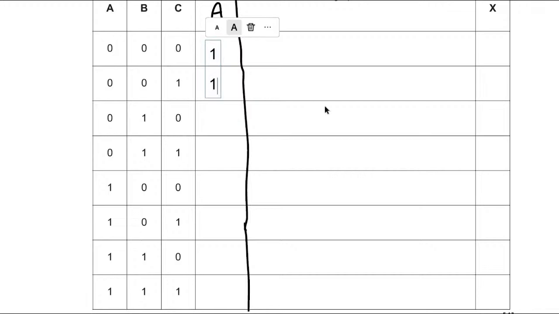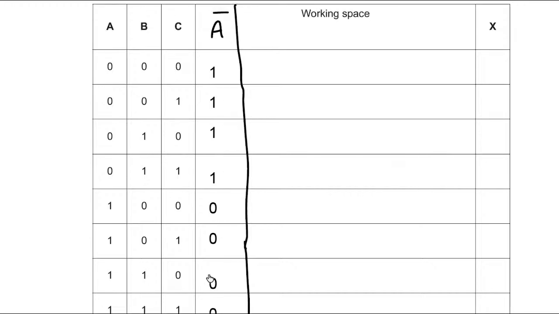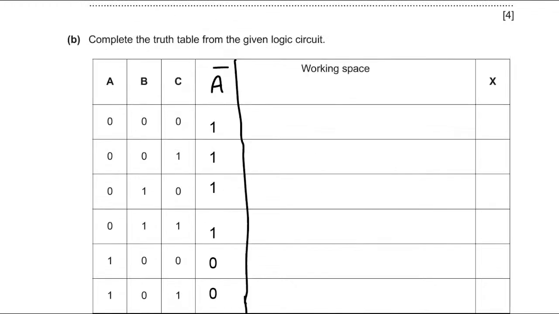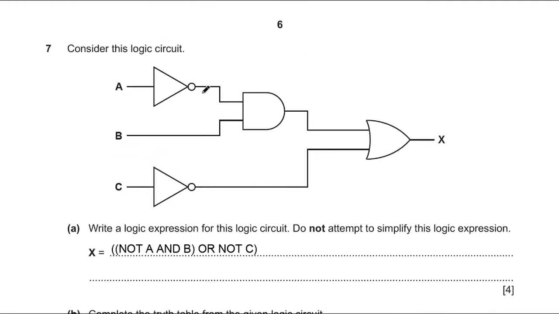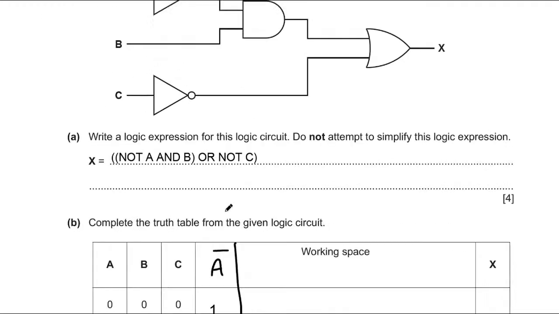Let me increase the font size a bit because this table is slightly bigger than what we usually get. Okay, so this is A bar. Don't mind the weird indentation. Then we are going to need A bar or A naught and B.